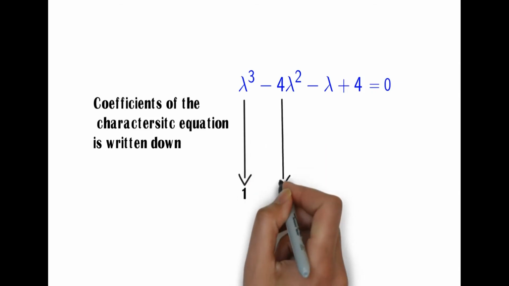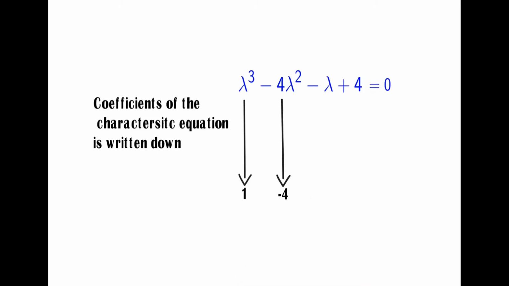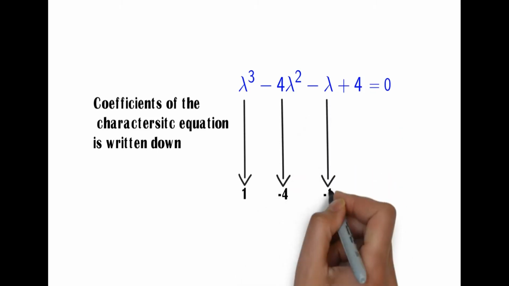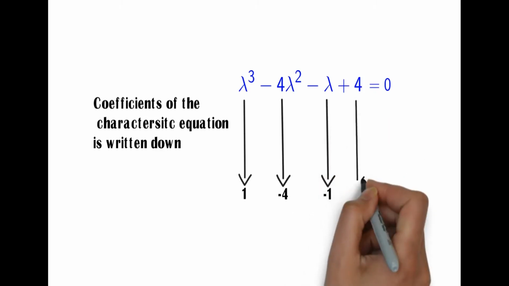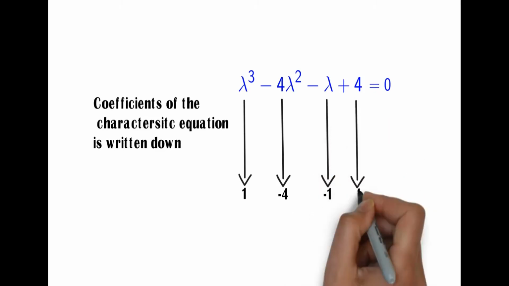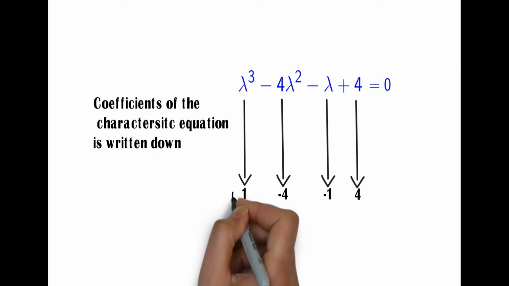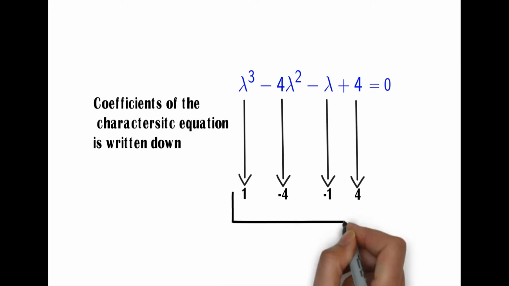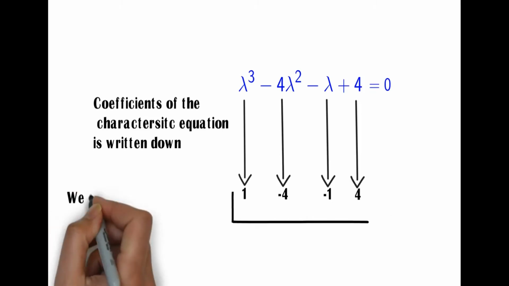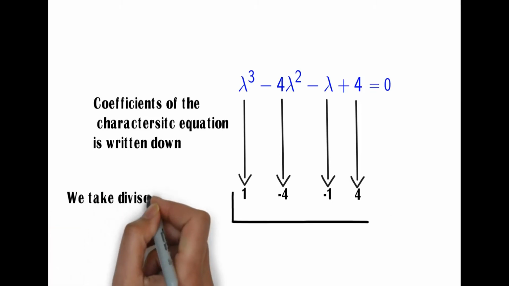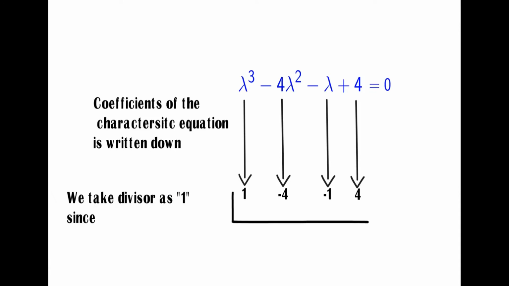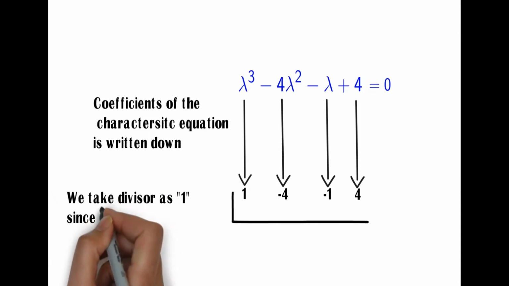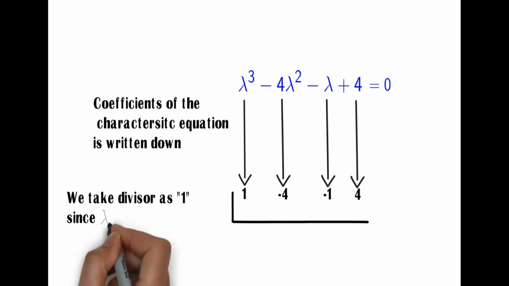Coefficient of lambda square is -4. Coefficient of lambda is -1. Plus 4. We take the divisor as 1 since lambda equal to 1.